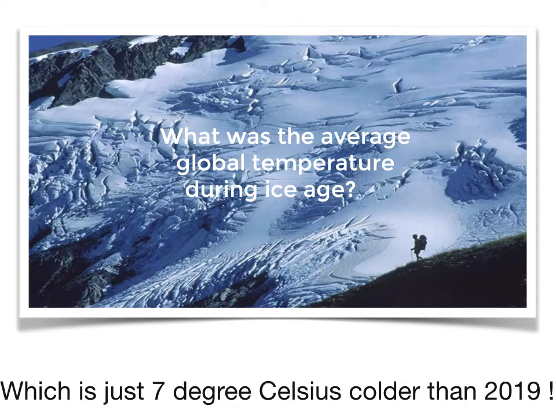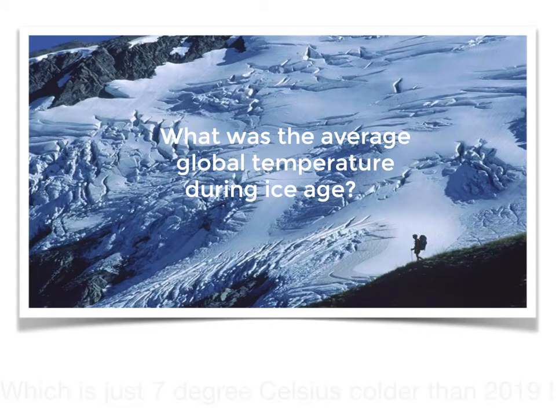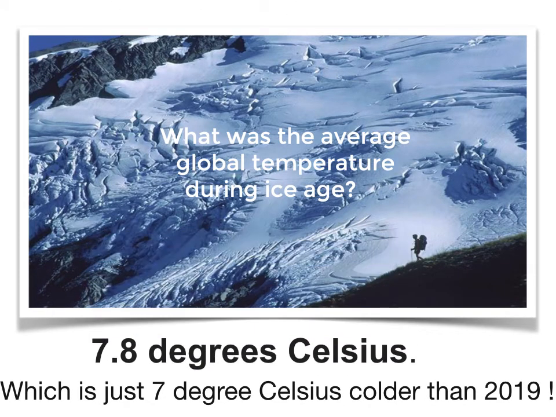It's just 7 degrees centigrade lower than 2019. Just imagine, just a 7 degree fall itself, and the whole planet became ice. And how much was that? That was 7.8 degrees centigrade. It's not zero. So just 7 degrees centigrade is sufficient to make the whole planet ice. So 1 degree is at least 1/7 of that.